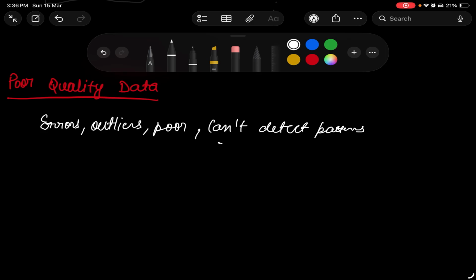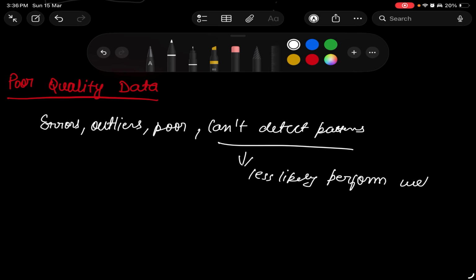If it cannot detect the pattern, it is very less likely to perform well. So the quality of data should be better.